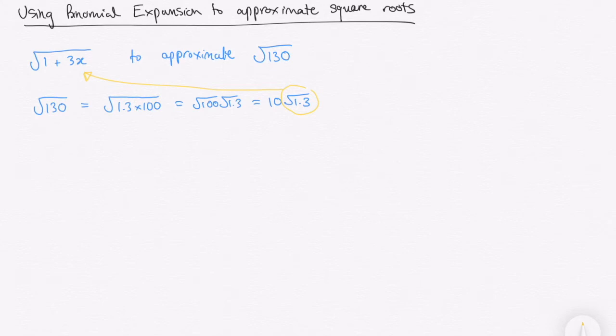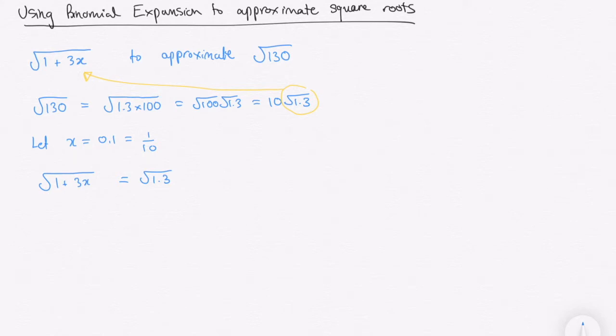In particular, if we let x equal 0.1 or 1/10, then the square root of 1 plus 3x is just the square root of 1.3. So if we let x equal 0.1, this is the square root of 1.3.